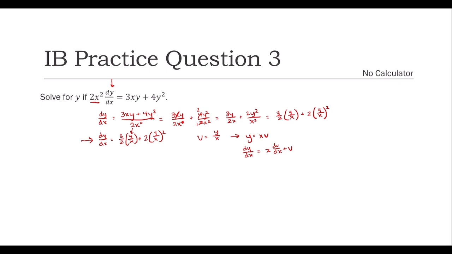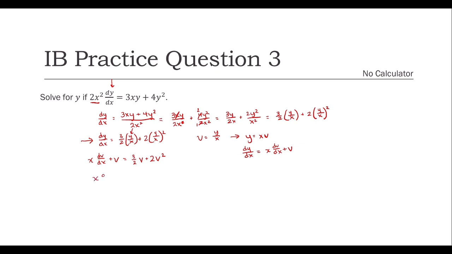So dy/dx equals x dv/dx plus v, and that equals 3/2 times v plus 2v². So we can subtract v from both sides.